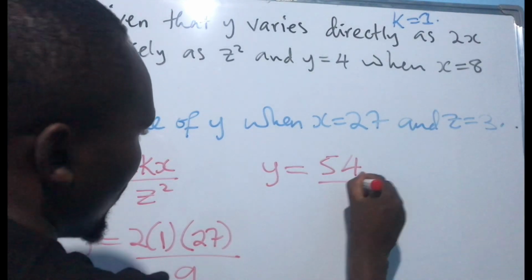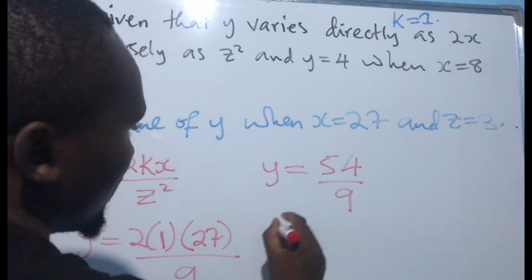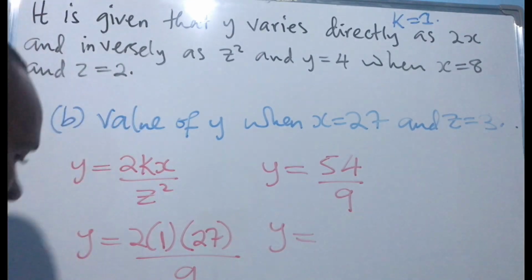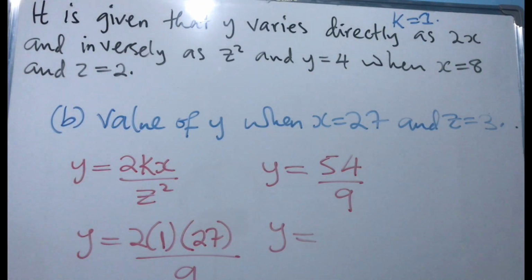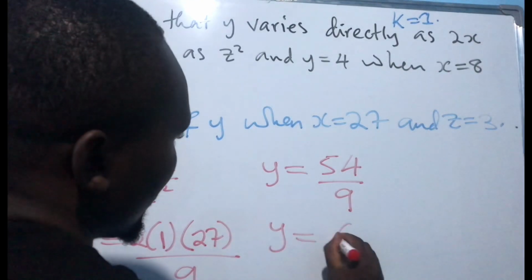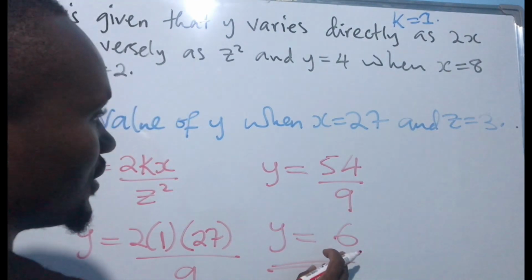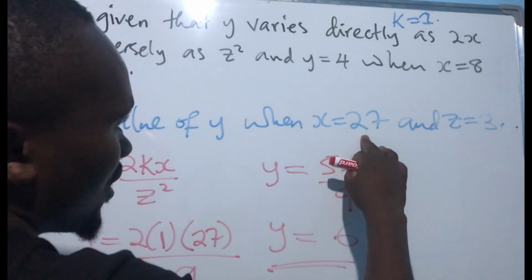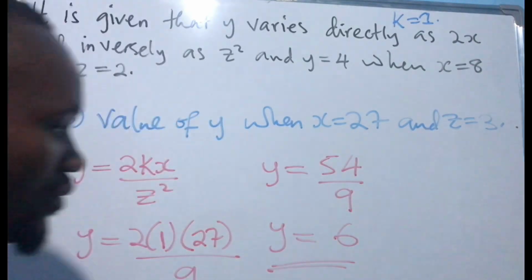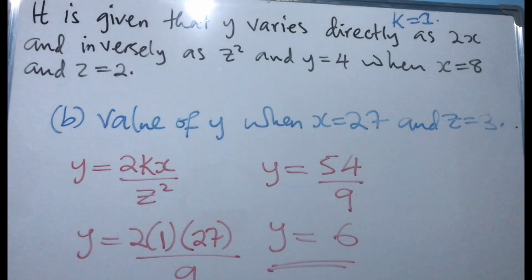So that's 54 over 9. Here we can divide. How many times does 9 go into 54? It goes there 6 times. So the value of y will be 6 when x equals 27 and z equals 3. Okay, so that's basically what you need to do there.